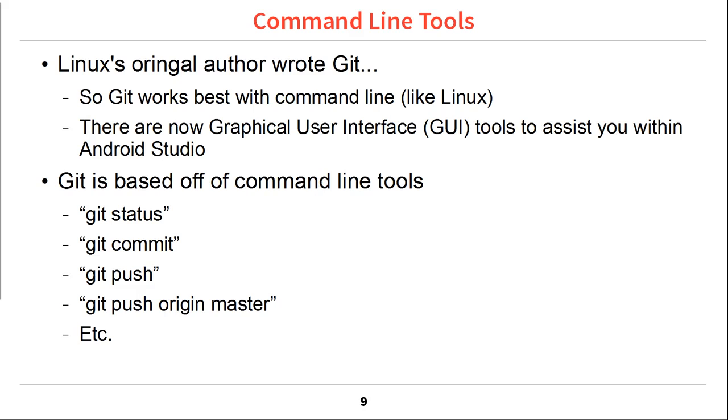Now, there are GUIs, or graphical user interfaces, to assist you in using Git, but we'll first be teaching you the command line instructions. That way, you are familiar with the concepts and can easily use either the command line or the graphical user interfaces. Some examples of Git commands are listed here below, such as git status, git commit, git push. You'll see those in later lessons.